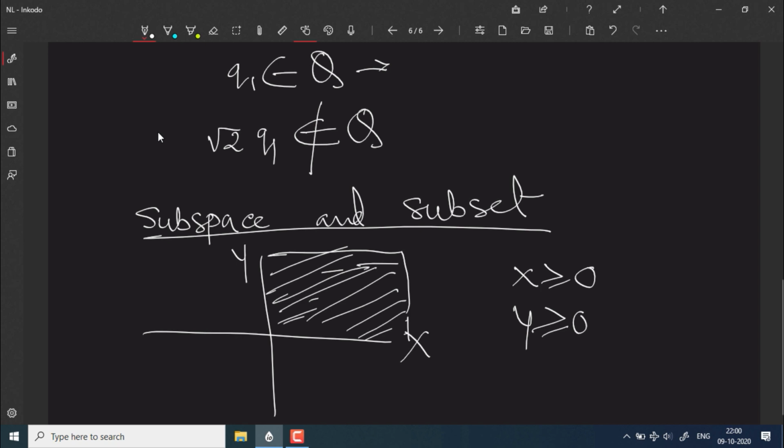It fails to comply with the notion of subspace. So let us write the formal definition of subspace.